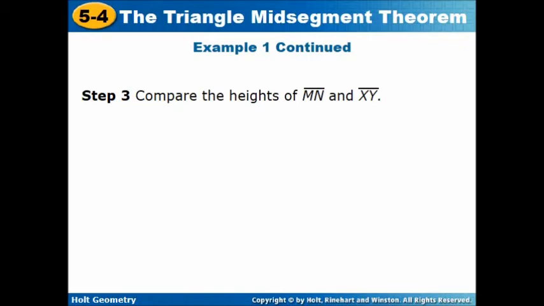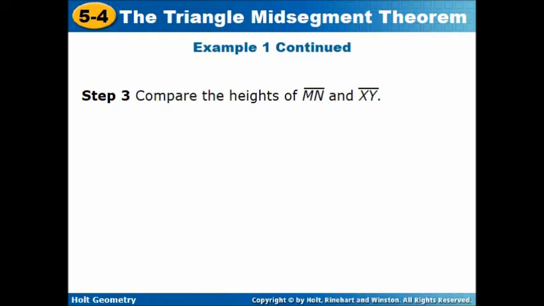Step 3. In step 3, we compare the heights or lengths, really, of line segments MN and XY. And we're going to use the distance formula to do that. And if you remember, the distance formula was d equals, and then we used the radical sign or square root sign, as I sometimes call it, with the following information inside of it.